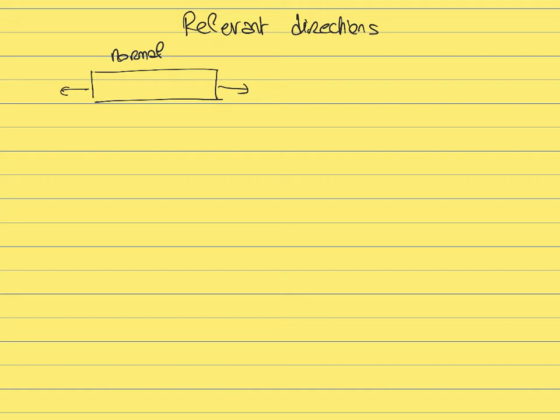And let's take the example of not a normal load, but now a shear load, where you have a beam like this, and this beam is subjected to a shear deformation like this.